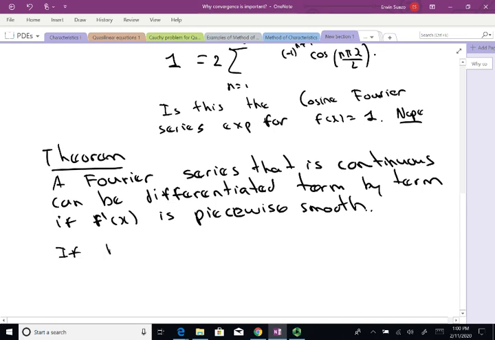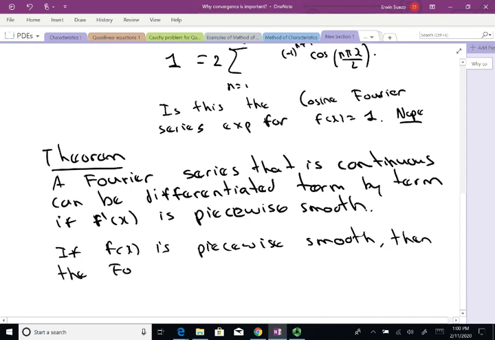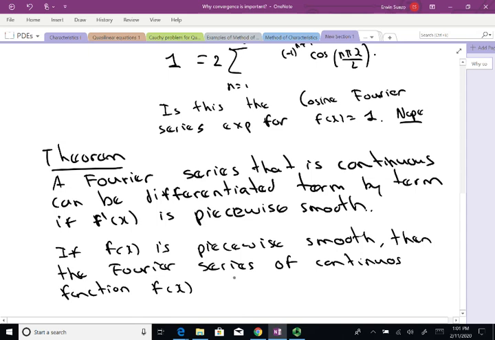If f of x is piecewise smooth, then the Fourier series of a continuous function f of x can be differentiated term by term.